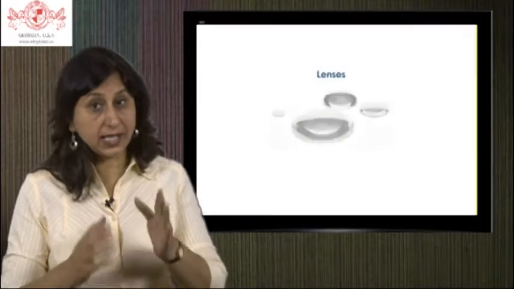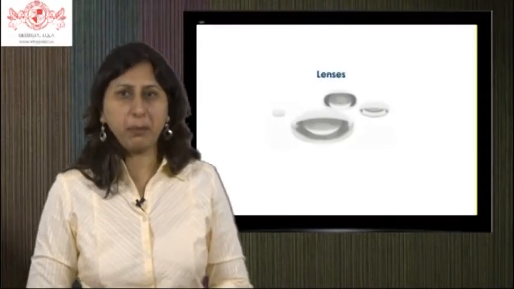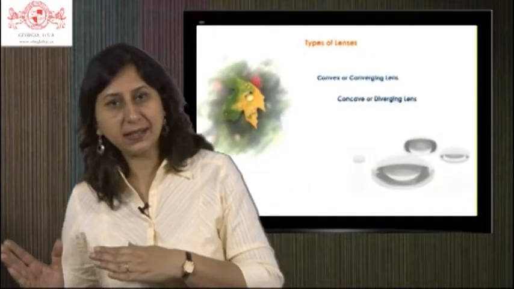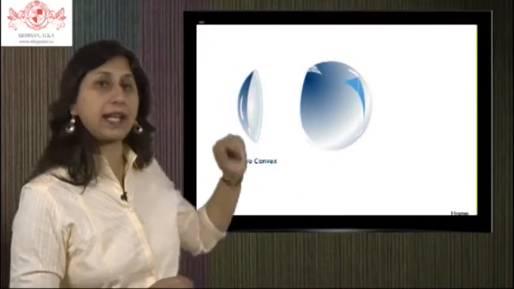Lenses. Let us now talk about lenses. Most of us are familiar with lenses. There are two types of lenses, convex lens and concave lens. Convex or converging lens. An optical glass sphere can be cut in this manner to obtain a convex lens.